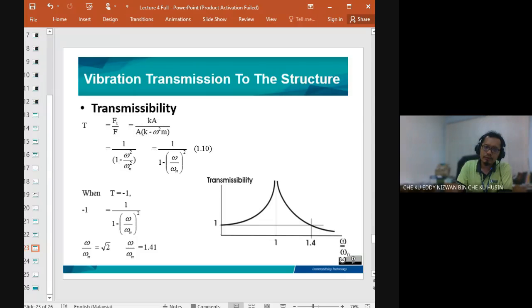You add mass to the system, and then you can move this frequency to your left hand side, so you can reduce it. That's the solution.